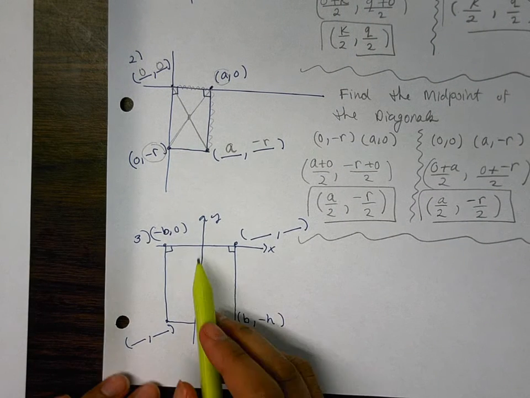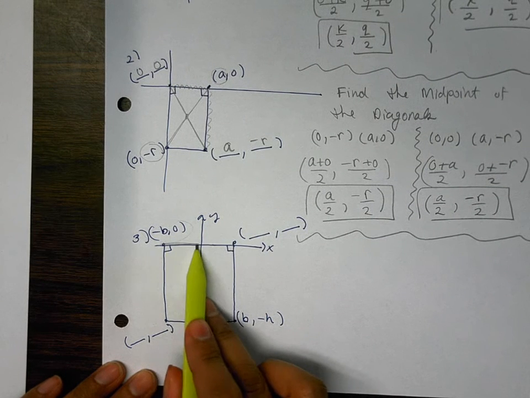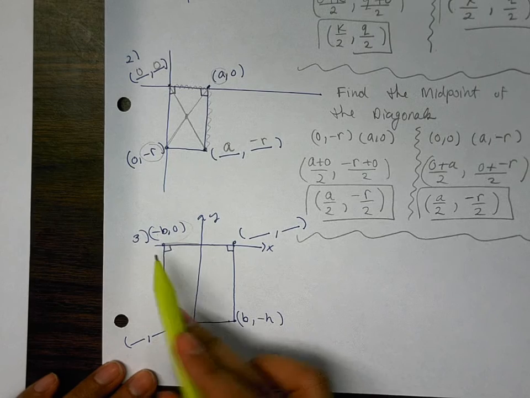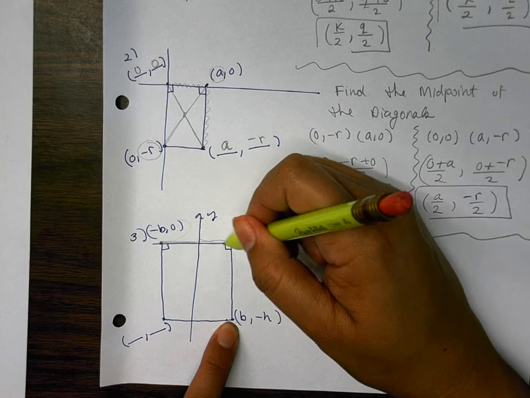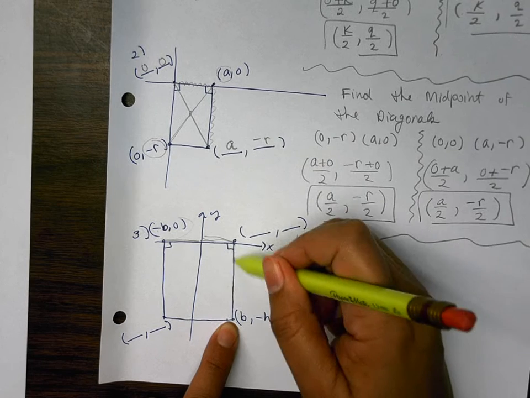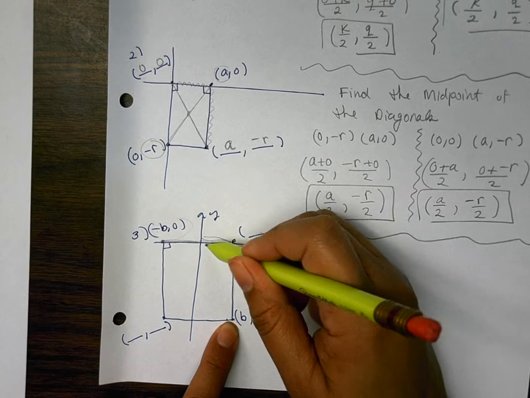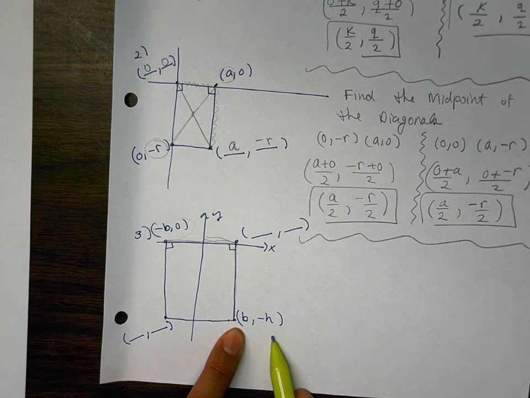How far left did I go? According to this point, how far left did I go? I went to the left B, right? Okay, according to this point, how far to the right did I go? B, and down how far? Everyone see that to get to this point, I went right B and down H, according to this point right here. Do you agree?